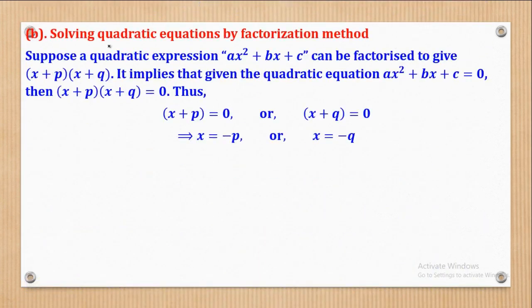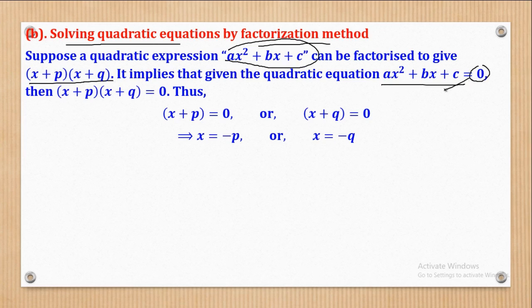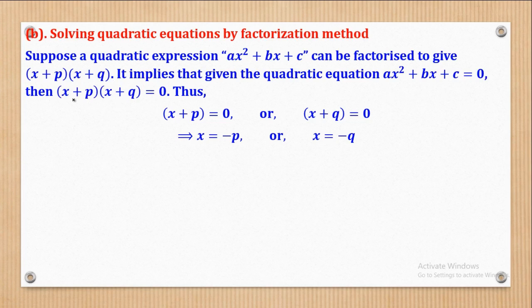Now we shall go to the second method, part B, which is solving quadratic equations by the factorization method. We have already learned how to factorize. So if this one is factorized to give you this, it implies that this quadratic equation, which is equal to 0, is the same as this. From there, we shall say that either this is equal to 0 or this is equal to 0, which is this step.